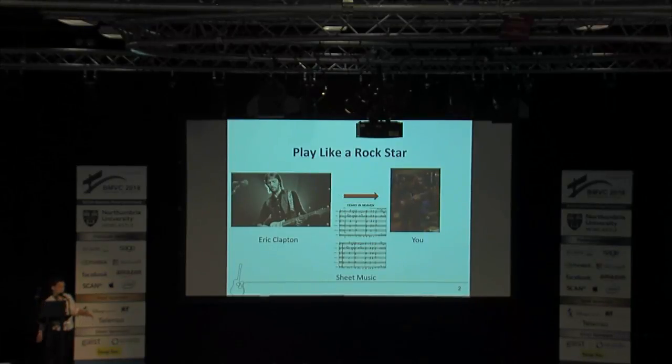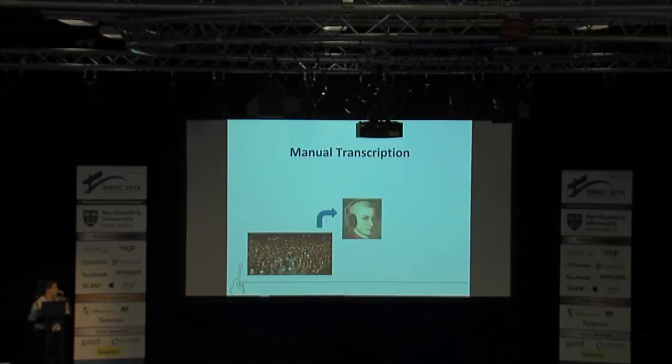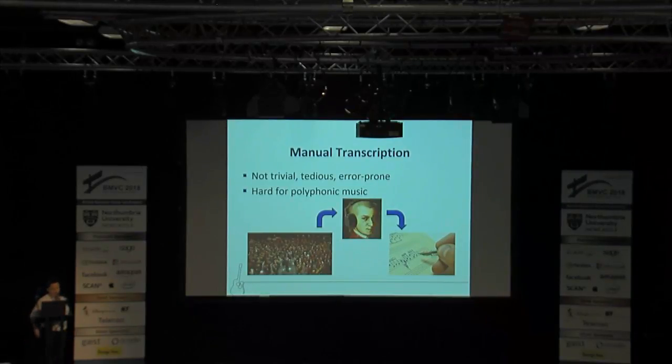Luckily, someone has written down the musical sheet for you. But the problem is, not all composers write down their music. So a skilled musician is required to listen to the musical piece and write down the notes. It's not a trivial task. It can be time-consuming and tedious, and especially when the degree of polyphony rises, it's harder.